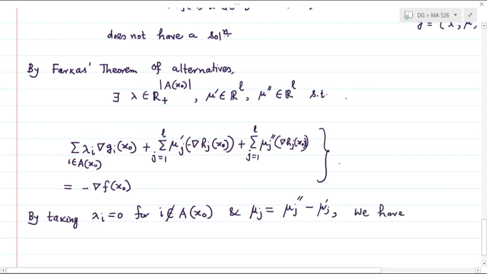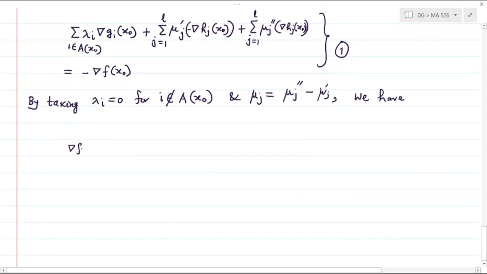From this equation, let me say 1, we have grad f x naught. I bring the right hand side to the left, and then I note that i belonging to A(x naught) with the sum lambda i grad g i x naught. Now here I can add those i's which are not in A(x naught), as I have assigned lambda i equal to 0.